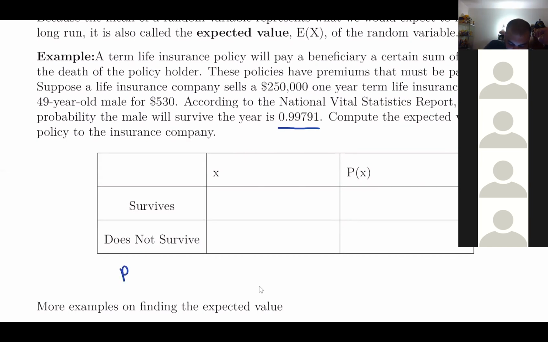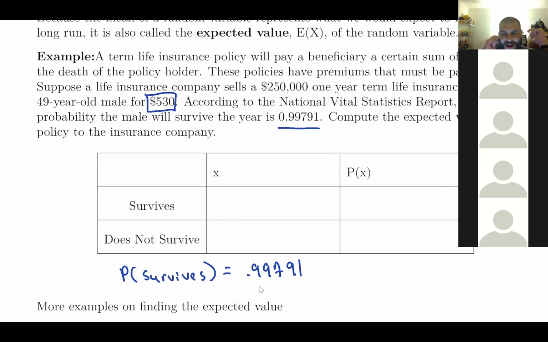This is the probability somebody survives. Everybody get that? The probability that somebody survives is 0.99791.